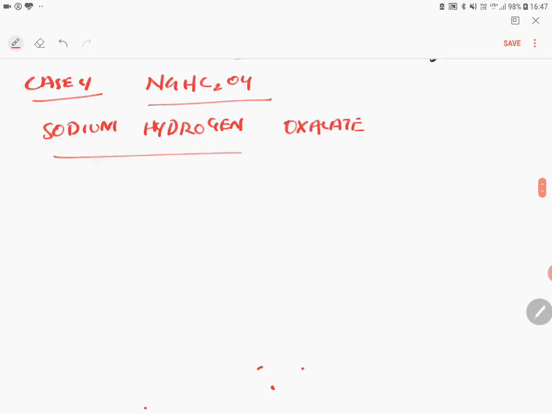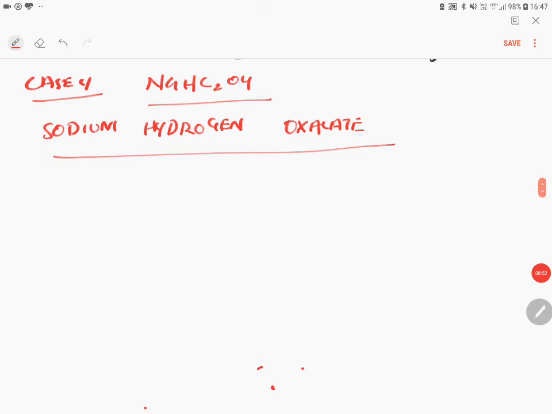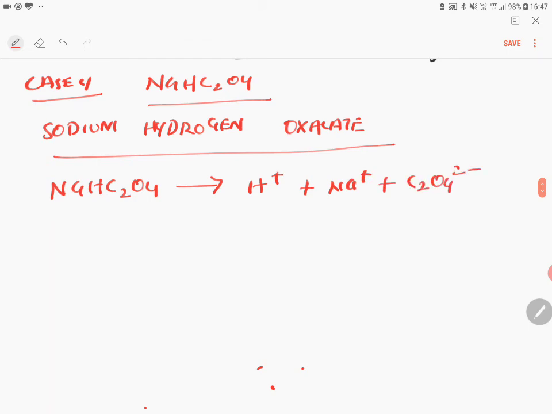Sodium hydrogen oxalate. First you ionize it. If you ionize it, you will get H plus, Na plus, and C2O4 2 minus.